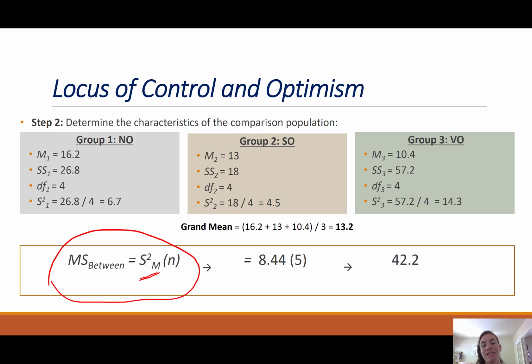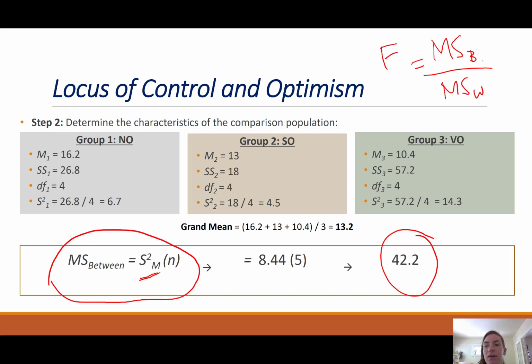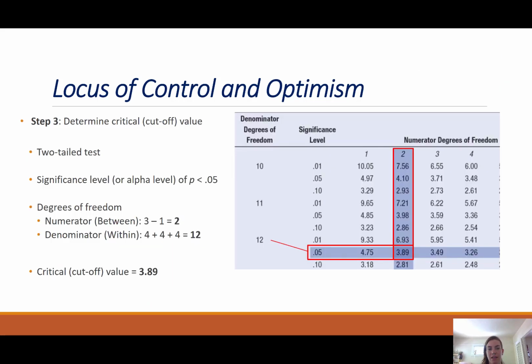We multiply this by 5 to get MS between equal to 42.2. And that is the second piece of information we needed for our test statistic. So we have MS between, again, over MS within. We've calculated both of these. So we're done with step 2 of hypothesis testing.